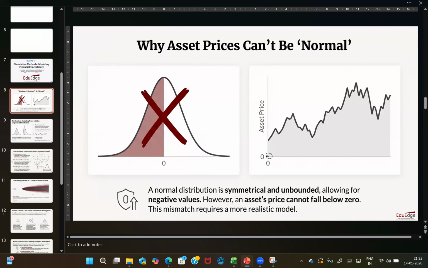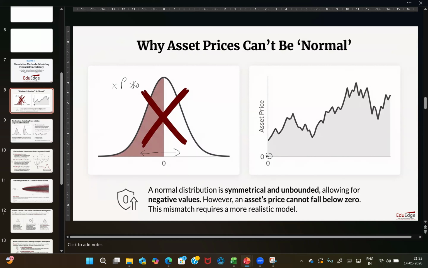Which is why a normal distribution will not work, because if you look at a normal distribution, there will be values which would be above zero, but there would be certain values which would be below zero. So normal distribution is not appropriate to model prices because prices can never be negative.